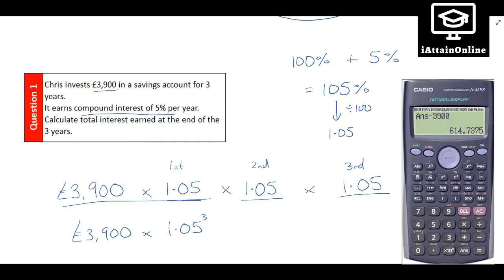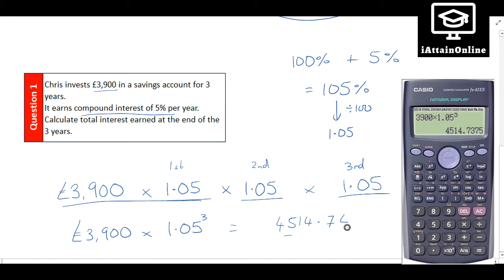So we can actually do, where's my calculator? We can actually do 3,900 times 1.05 and then press the little power button, and in there we can put 3, press equals, and that tells me that he has £4,514.